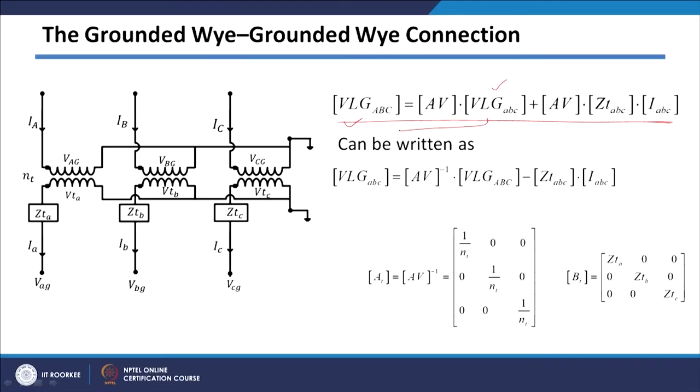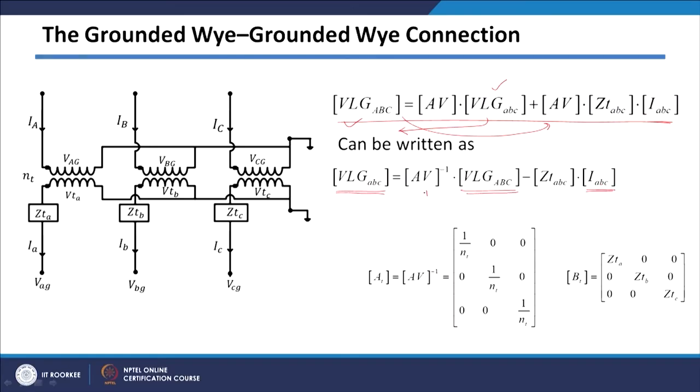If we take this on the right hand side and multiply everywhere by AV inverse, it becomes VLG ABC, the secondary side voltage in terms of primary side voltage and secondary current. So we have it in the required format.